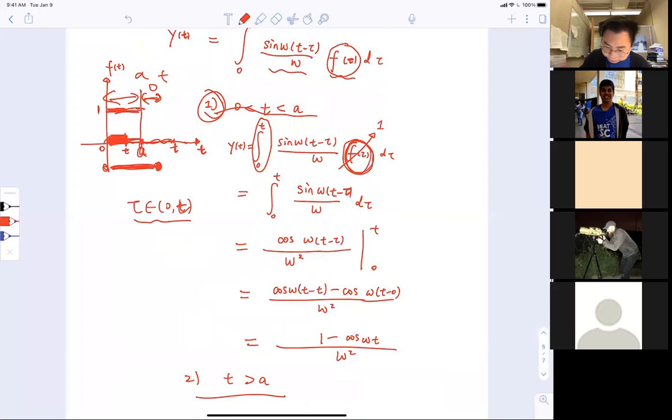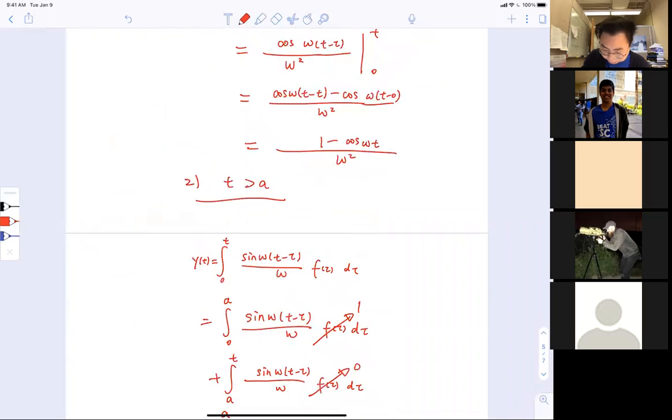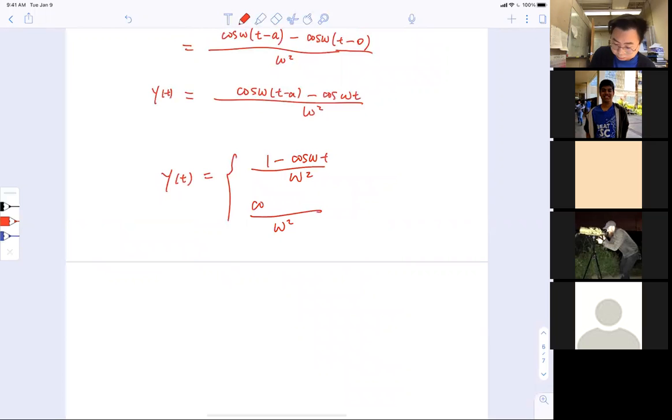Basically, this is because your function f is a piecewise function. And of course, you can write the y function as cosine omega t, omega squared, and cosine omega (t minus a) minus cosine omega t, for t larger than a.